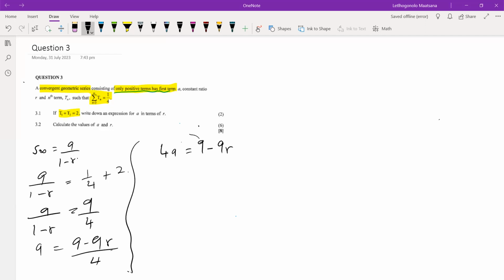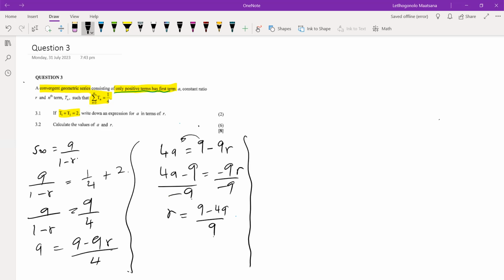We'll take that 9 to the other side. We'll get 4A − 9 is equal to −9R. Then we'll divide by −9 everywhere, and we get that R is equal to (9 − 4A) over 9.